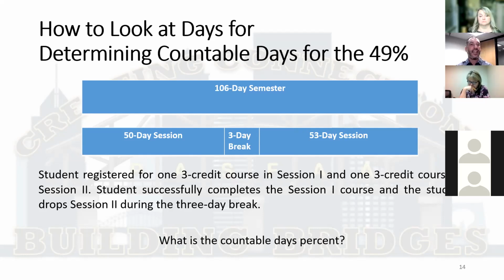The student successfully completes the first session, the first course, and the student drops during the 3-day break. What is the countable day percentage? Can anybody in the audience unmute themselves and provide me the answer, please?